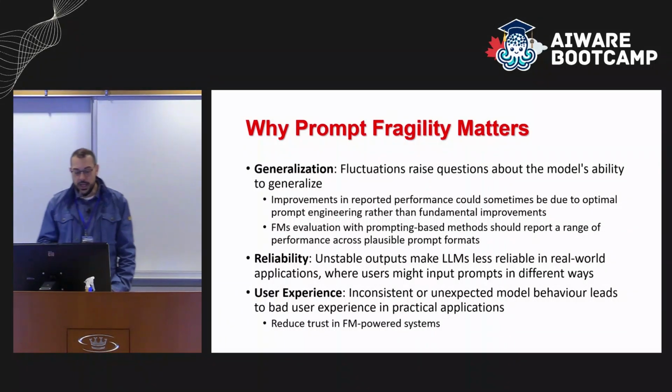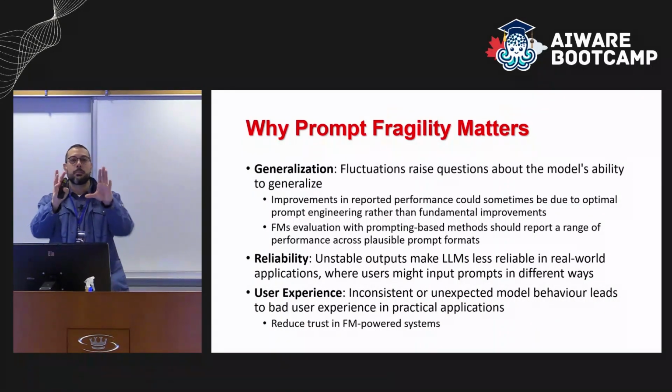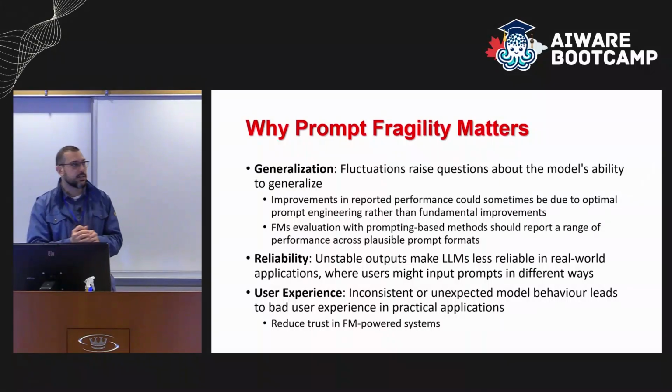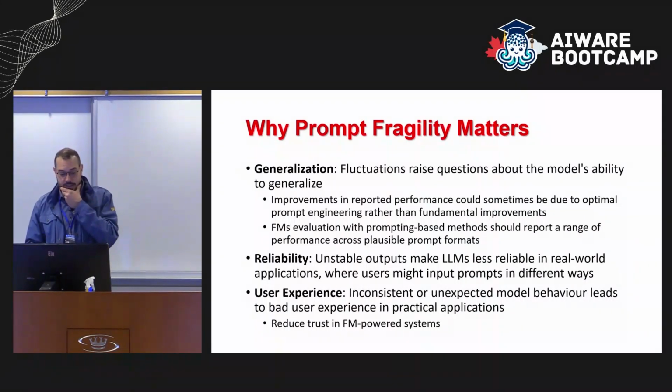And when you're doing research, you try this prompt and get an amazing result, or a poor result. So how many prompts are we really trying to perform a certain task? When you're doing research, this is very complicated. There is also a matter of reliability.